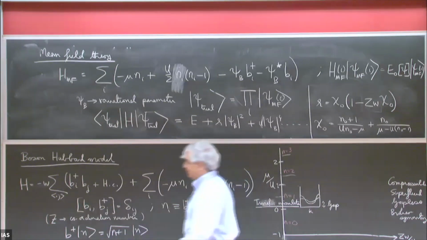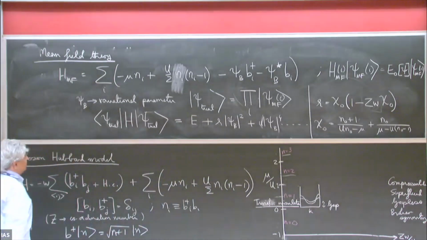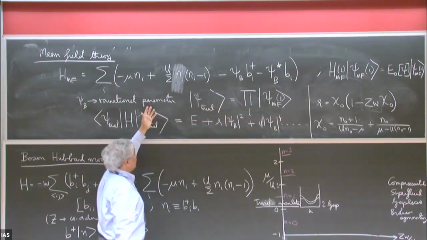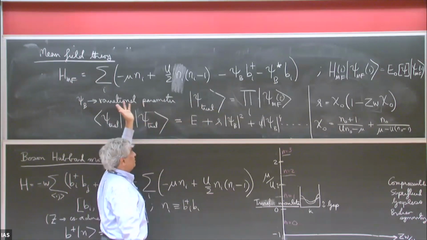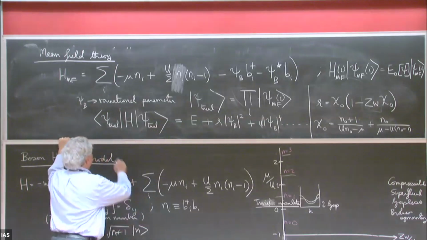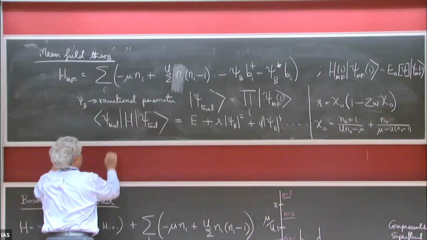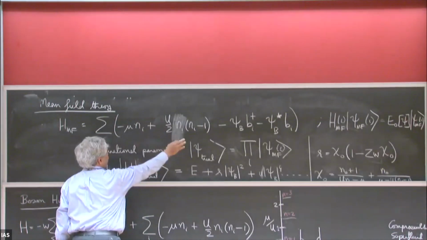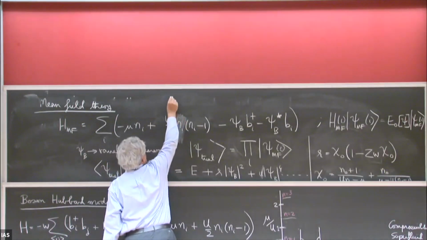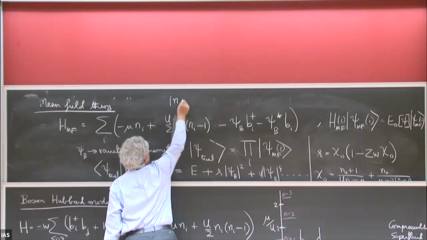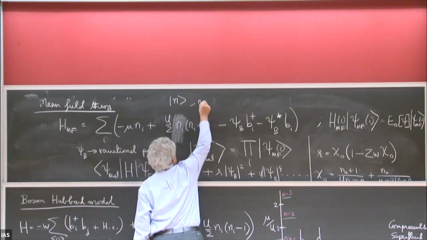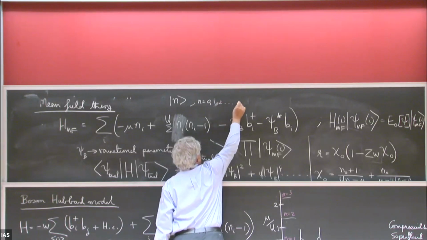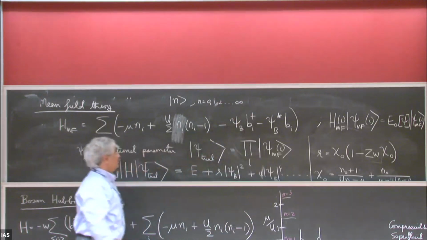Okay, let me say that again. So here's your Hamiltonian. Psi B is just a number. The states of this Hamiltonian, the Hilbert space you're working with, are just the states; you can drop the i. The Hilbert states are just |n>, where n goes from 0, 1, 2, n a non-negative integer.